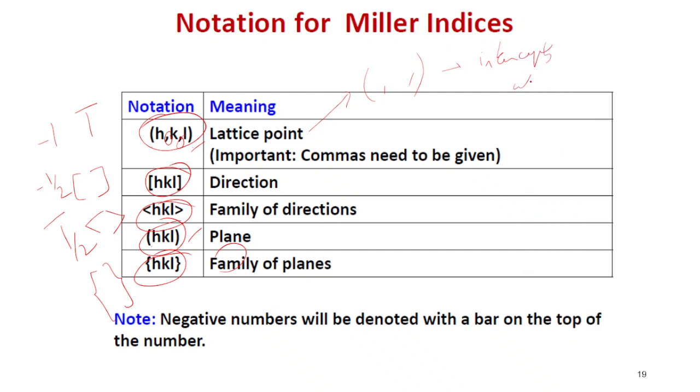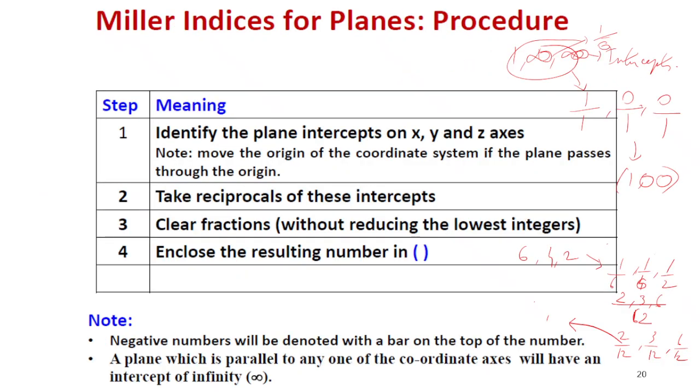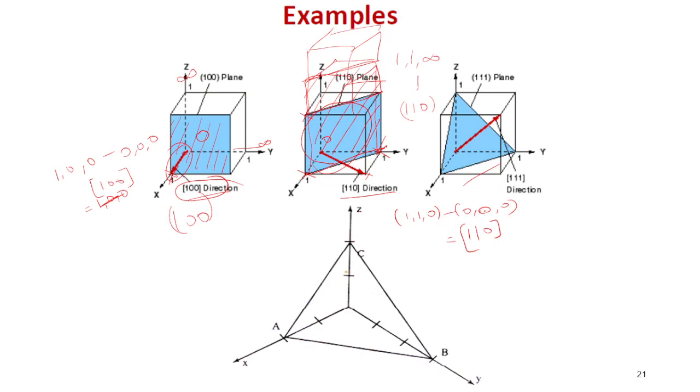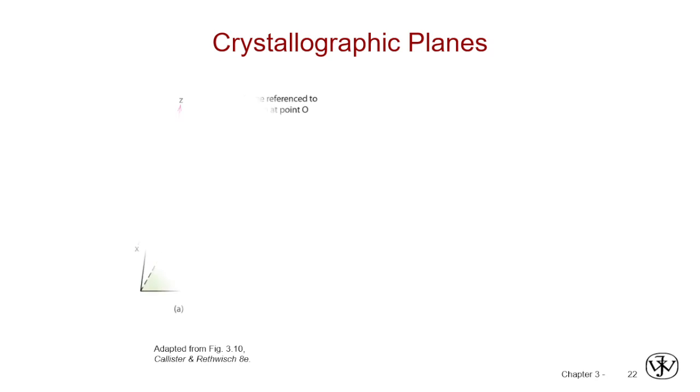So far, everything without brackets was called intercepts. Usually for a point, I think we have to put brackets. For a plane also we should put brackets, but without the commas. So any other doubts? No, sir.